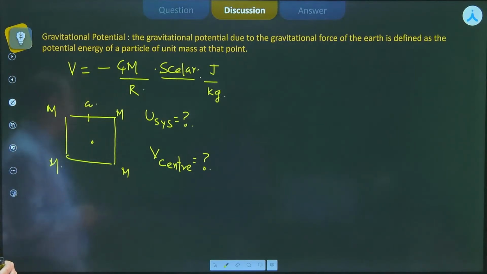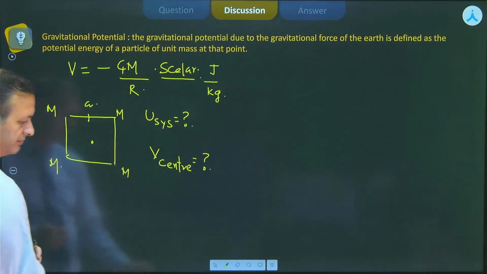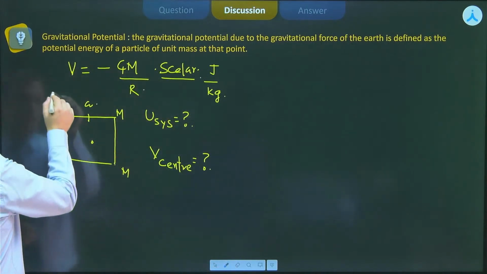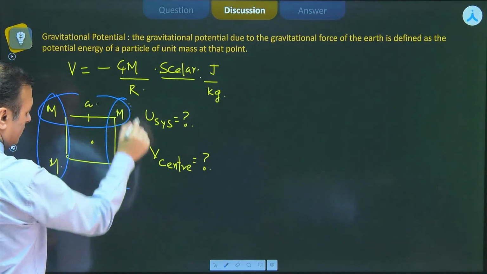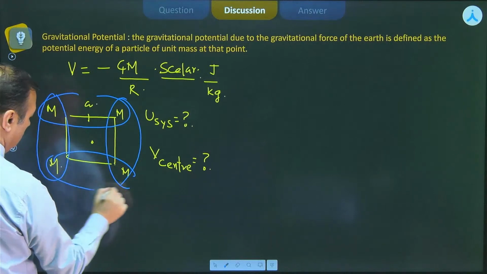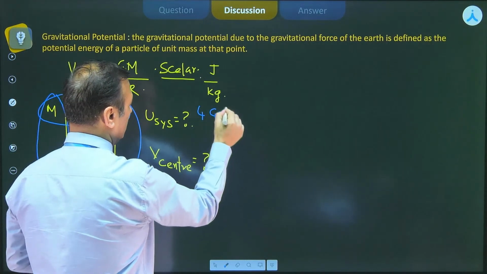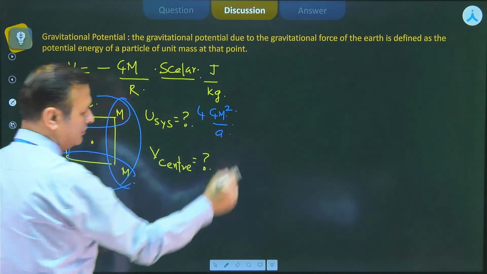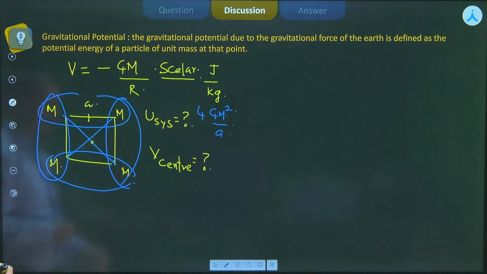Got it or not? So when you define the potential energy of the system, just count how many pairs you can have. 1, 2, 3, 4. So 4 pairs, G M1 M2 by A. Can you have 2 more pairs?